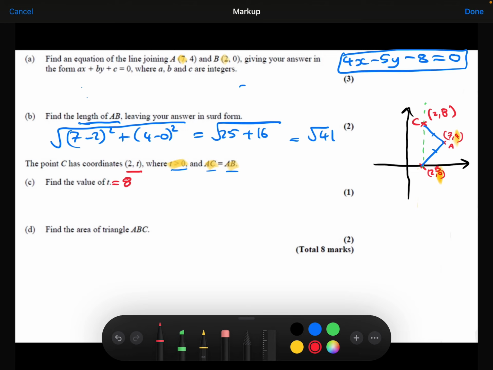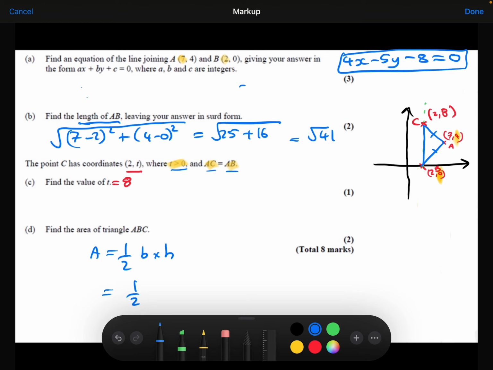Part D of the question says find the area of triangle ABC. Well, even better, I've got this diagram already drawn for me. I just need to work out the area of this, so I can do half base times perpendicular height.